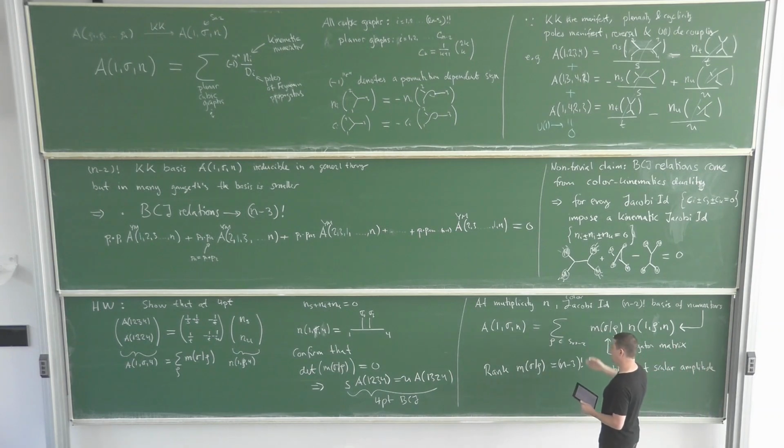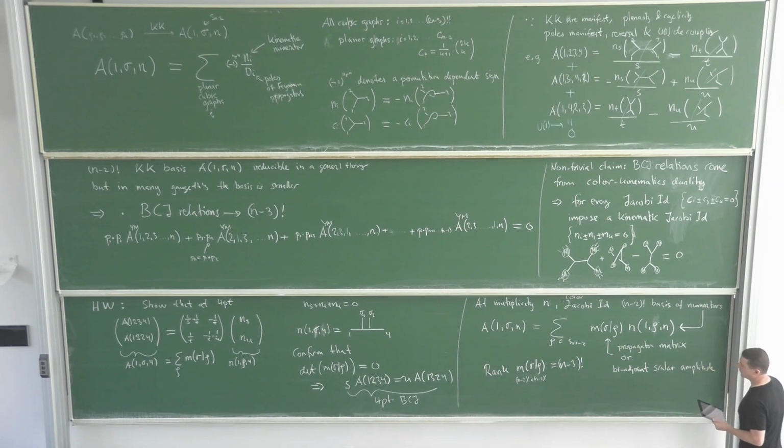You know, maybe not your random theory that you constructed by throwing darts, but certainly in many theories. And this matrix by itself is (n minus 2) factorial times (n minus 2) factorial.